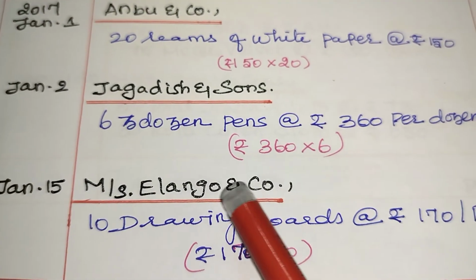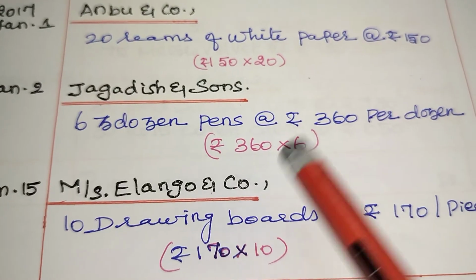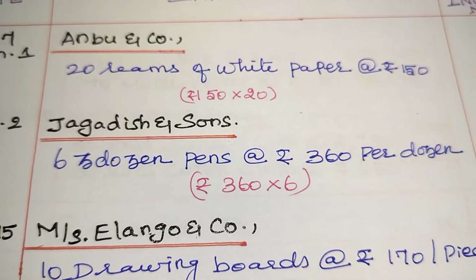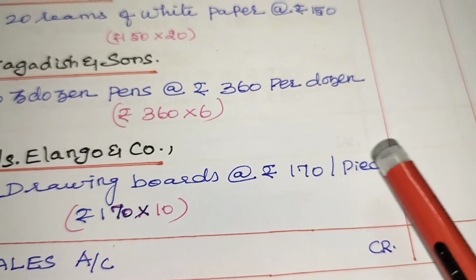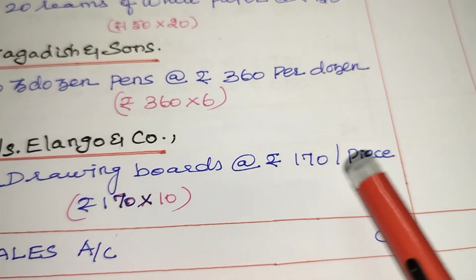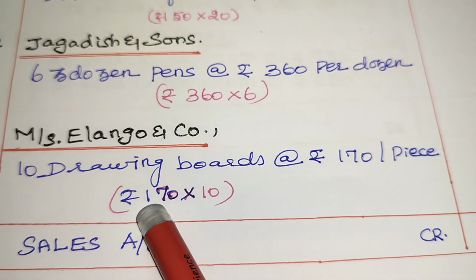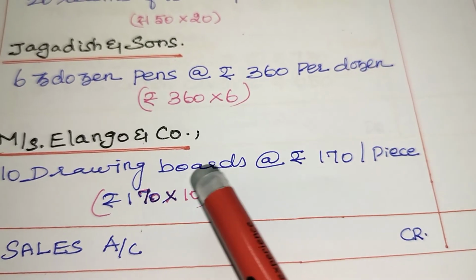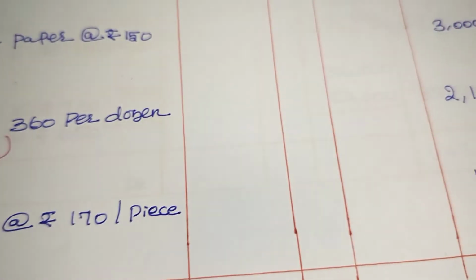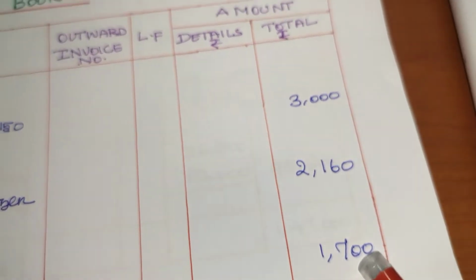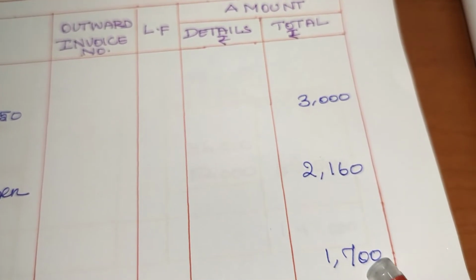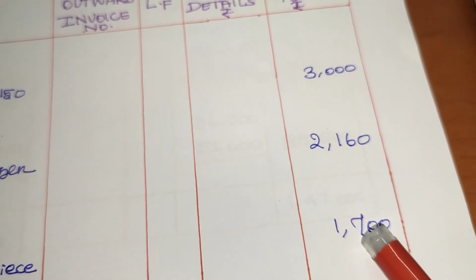The customer name is Miss Ilango and Co. We write it in the particulars column, and 10 drawing boards at rupees 170 per piece. How do we calculate? We multiply 170 rupees into 10. How much do we get? We get 1700, entered into the total column directly.